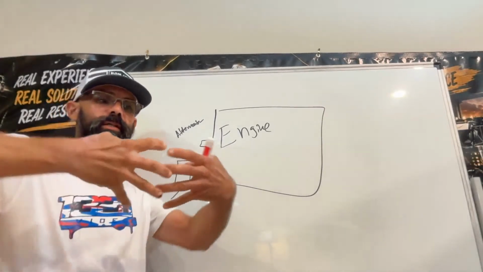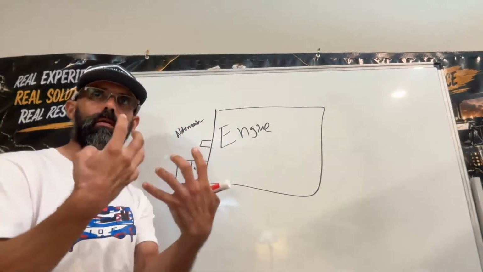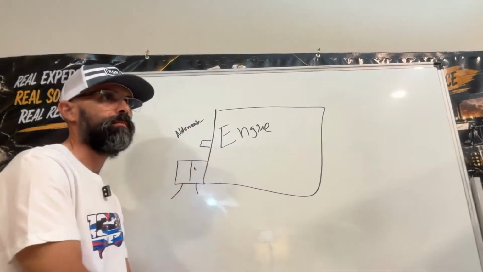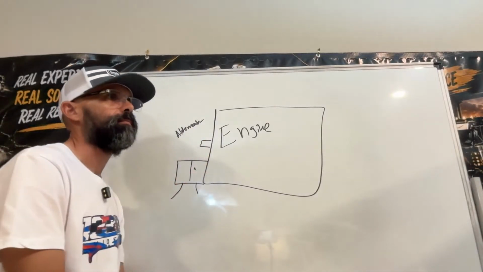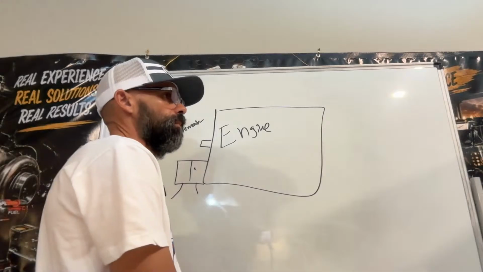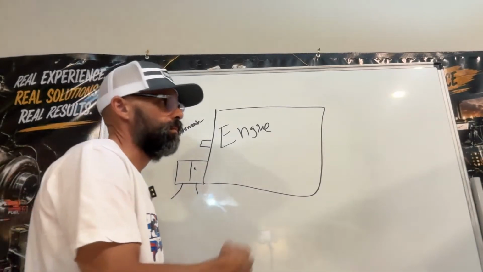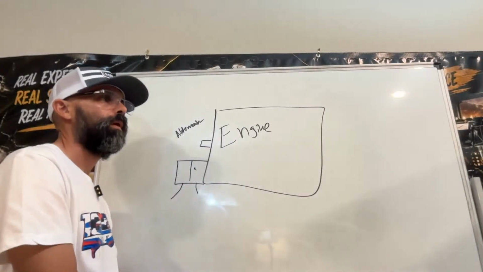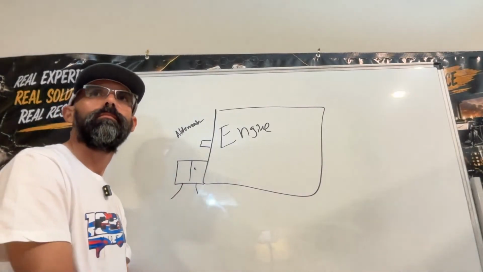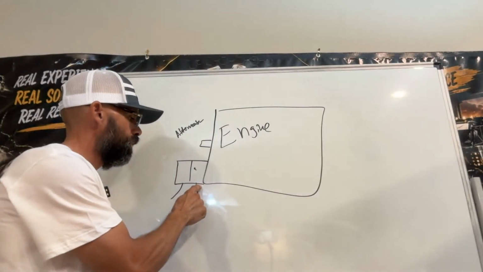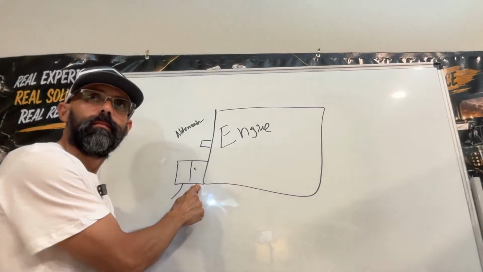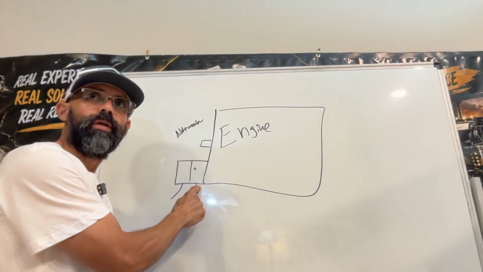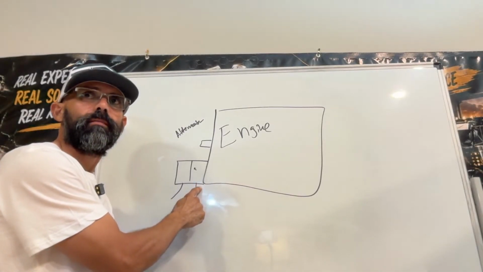You have gears meshing with each other. Lack of lubrication wears out the pump. Water intrusion wears out the pump, damages the pump. It's an aluminum housing, but they do wear out. So put a flow meter so you can read how many GPMs you're getting.